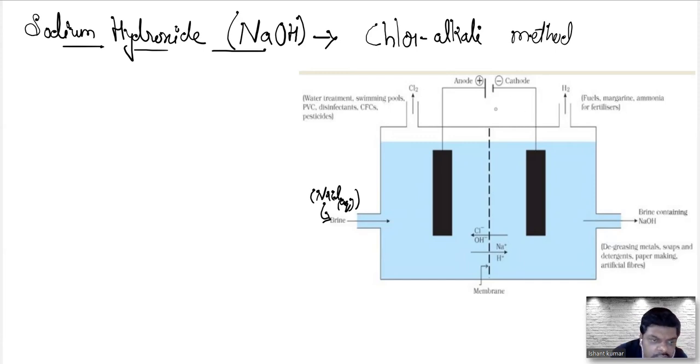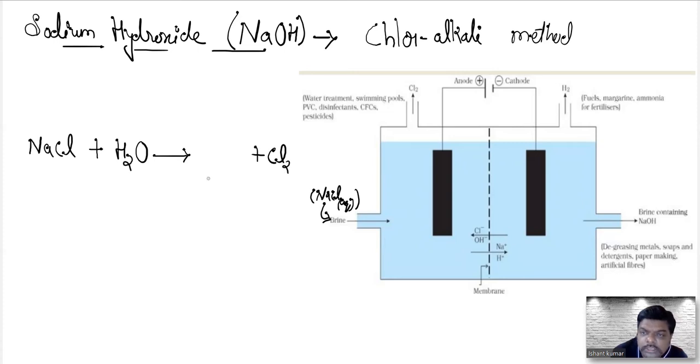When brine is passed through it, due to electrolysis, what happens here? NaCl plus H2O, water. Chlorine will be released, and water breaks up into H and OH, and NaCl breaks up into Na and Cl.